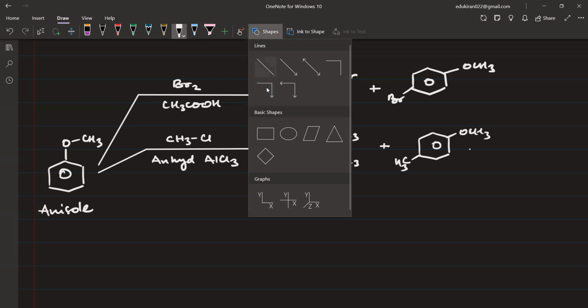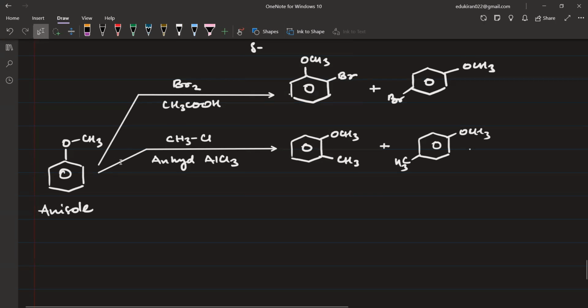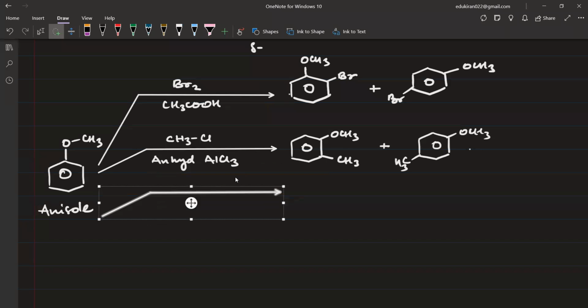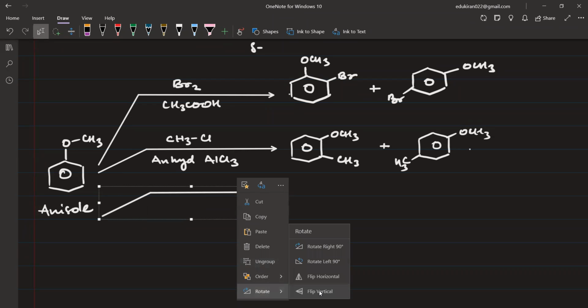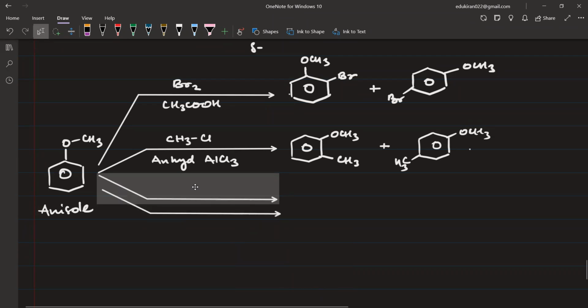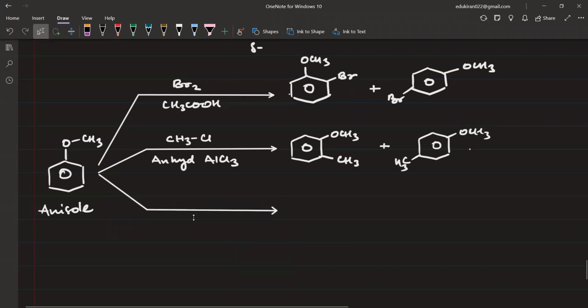Okay, similarly if you want to do acetylation, Friedel-Crafts acetylation, then we'll have CH3, C double bond O, Cl, and the same anhydrous AlCl3, any Lewis acid.